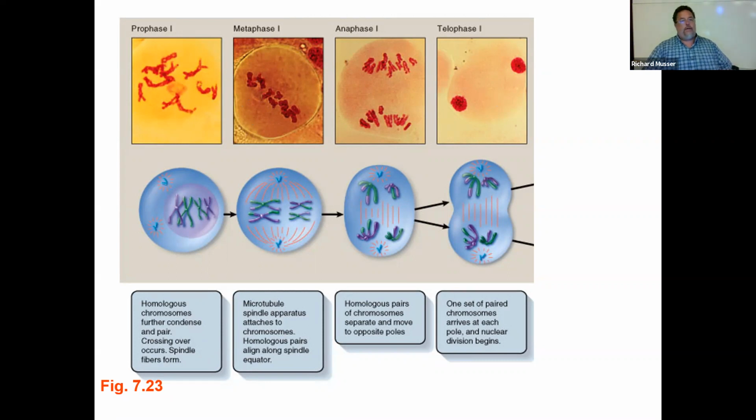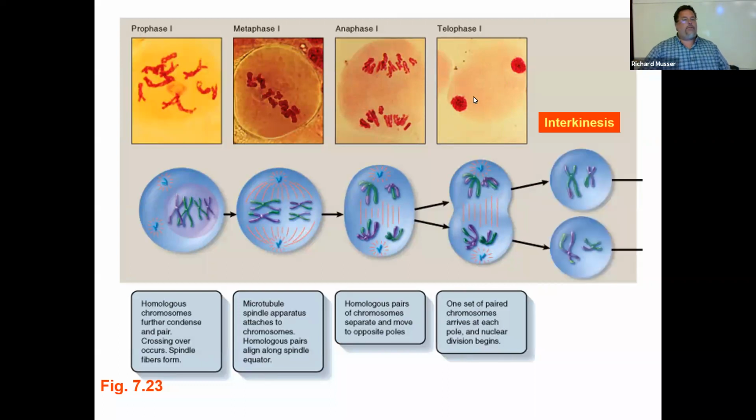And then you see, in metaphase 1, the homologous chromosomes lining up. Anaphase 1, the chromosomes are pulled apart. Telophase 1, you see the chromosomes kind of relax a little bit. You see maybe the beginning of the nuclear membrane and cytokinesis taking place, or cytokinesis is dividing the cell.